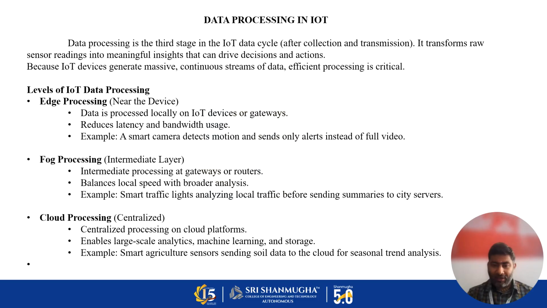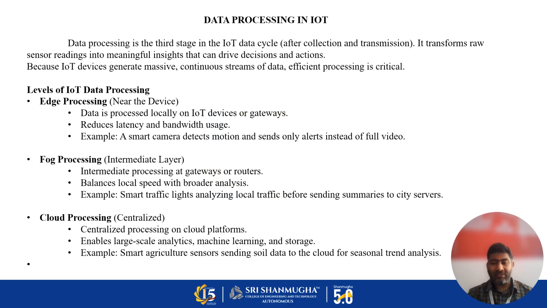Initially your camera records the traffic and sends it to a local server. That local server will process the information and give feedback to your signal. The signal opens, the traffic has been cleared, and then all this will be sent to your cloud. So the processing happens at intermediate or local servers, not at the source.